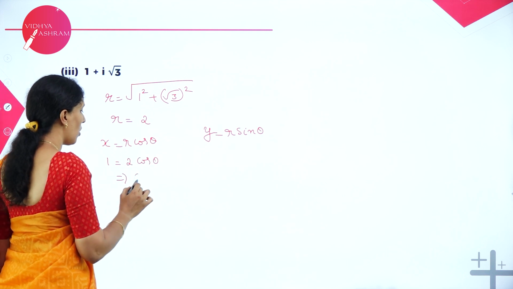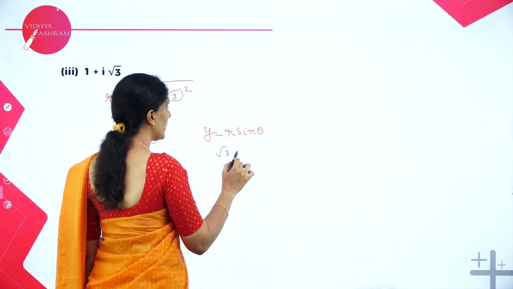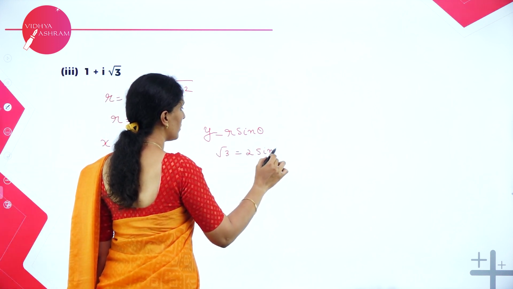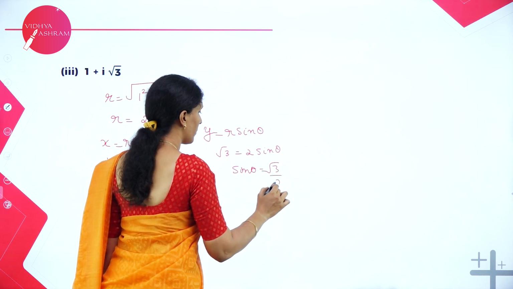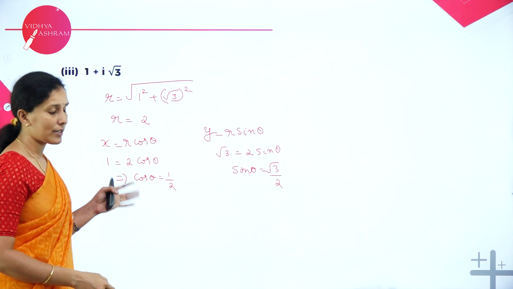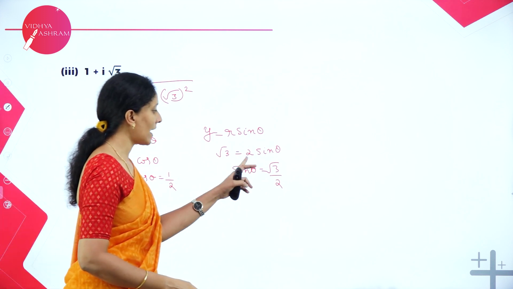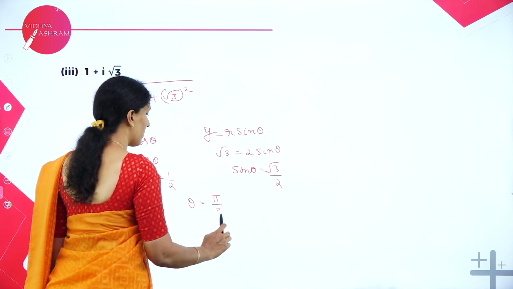This gives cos theta is equal to 1 by 2. And here we have root 3 is equal to 2 sin theta. So therefore sin theta is equal to root 3 by 2. Both are positive, and clearly for pi by 3, cos pi by 3 is 1 by 2 and sin pi by 3 is root 3 by 2. So therefore theta is equal to pi by 3.